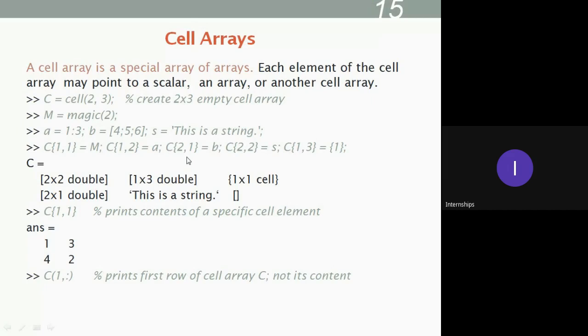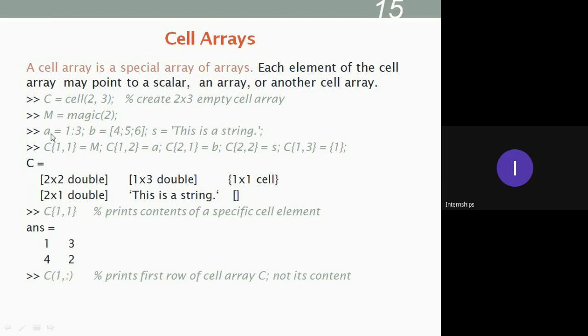This is a good example of cell array. First, C is declared as a cell of 2 cross 3. That means 2 rows and 3 columns. Then we have considered one matrix, magic 2. It is one matrix. Then we are declaring one vector.